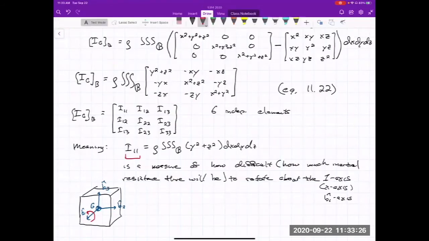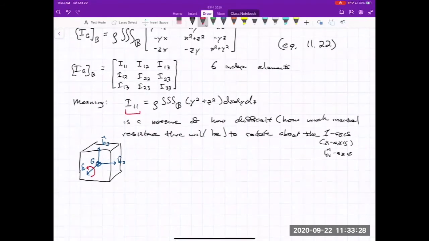In terms of nomenclature, I22 and I33 are similar. They're measures of resistance for rotating about the number 2 axis or the number 3 axis.